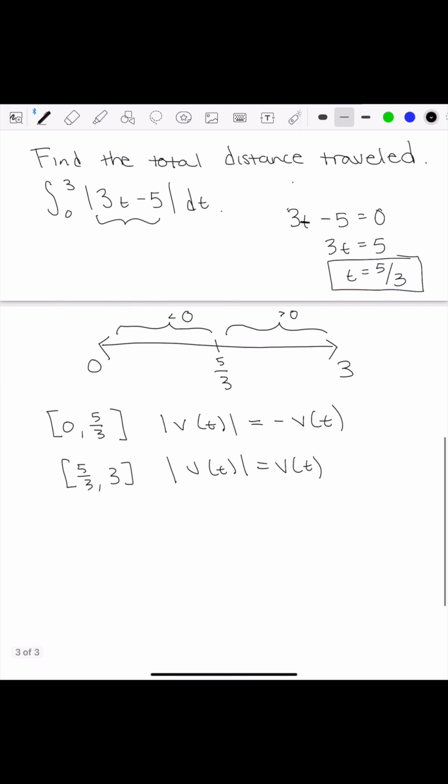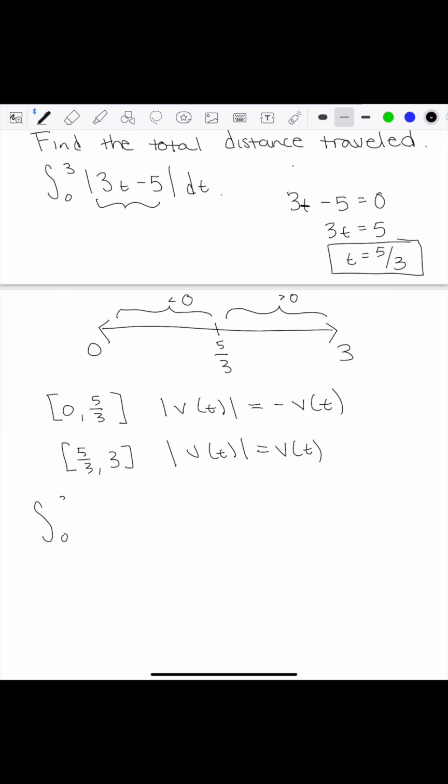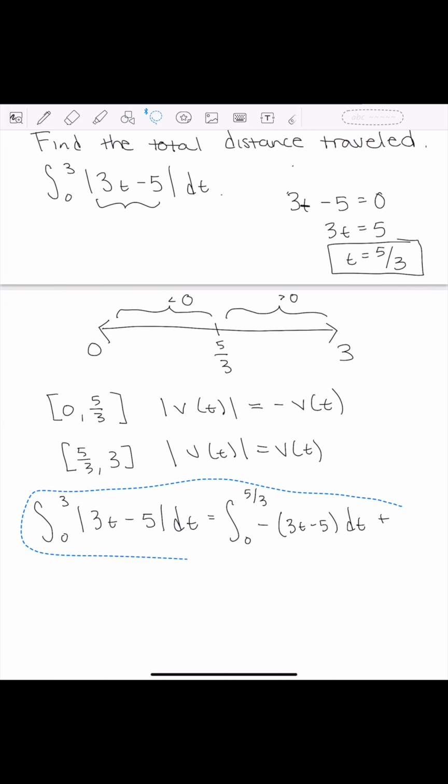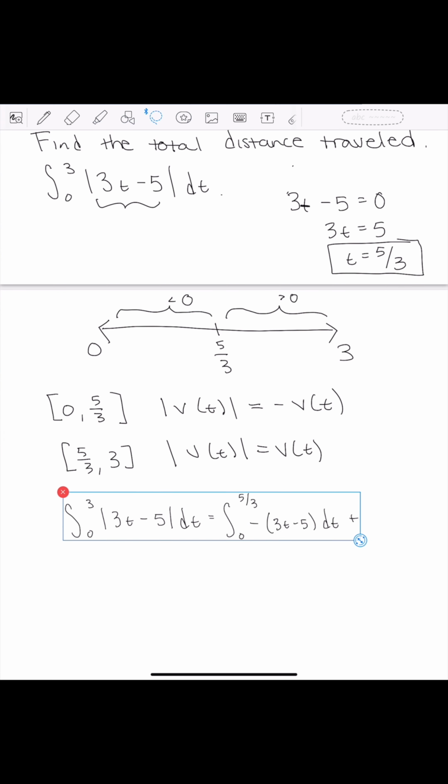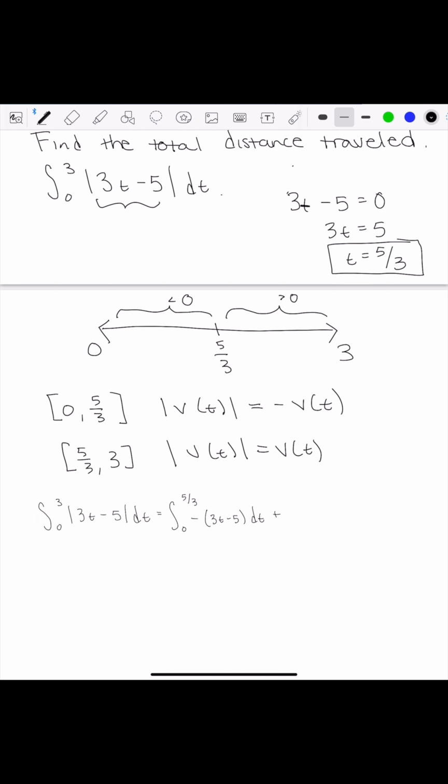So this means that we're splitting up our integral into 2. So we have 0 to 5/3, and that's going to be negative, and that was 3t minus 5. Plus the integral from 5/3 to 3 of the original function. And then we just do this.